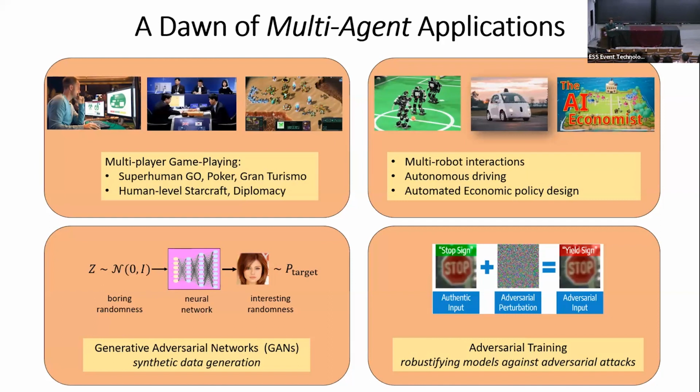But for these applications, posing the problem as a game allows you to arrive at a learning outcome that you desire. And I'm going to talk about one of those. So in the bottom left, I'm going to talk a bit just to motivate the intricacies of this kind of setting. I'm going to talk a little bit about the bottom left tile, generative adversarial networks.